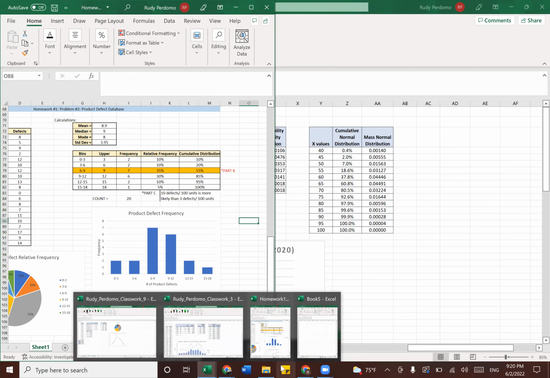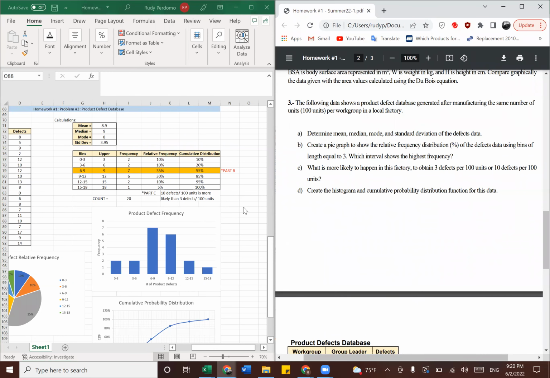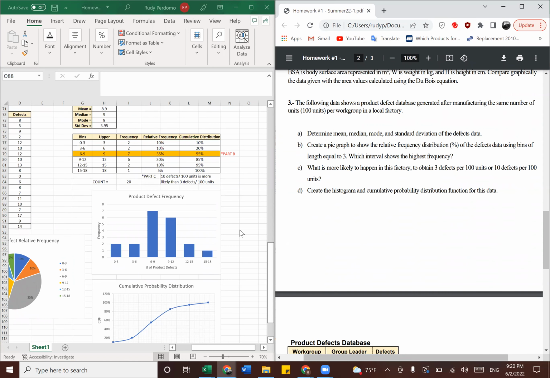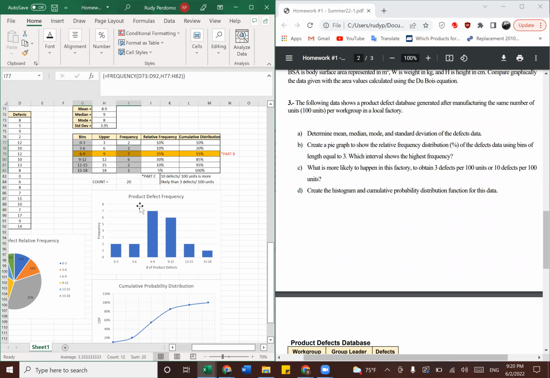So if we go back to this, this is the cumulative distribution. For the histogram, you're just taking the frequencies for each of the bins and then plotting it in a bar graph or a column graph. So you're taking the bins, which are your labels, and the frequency. You select the X values, press Control, and select the frequency.